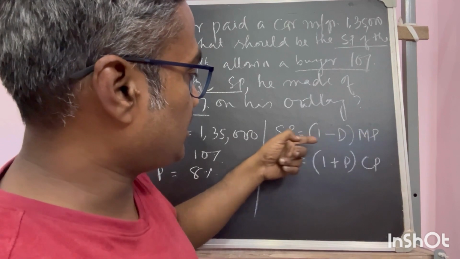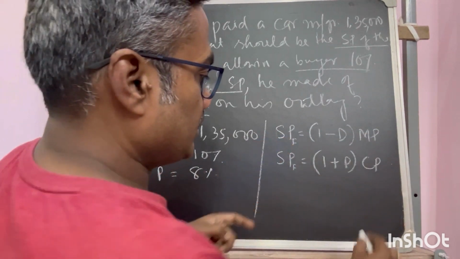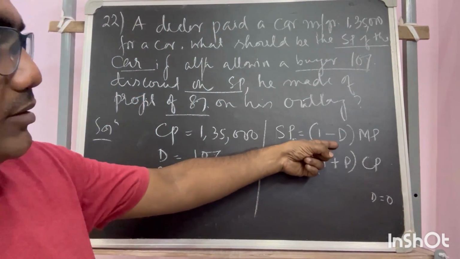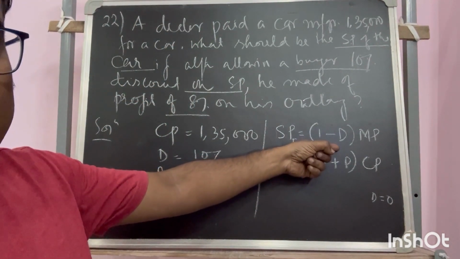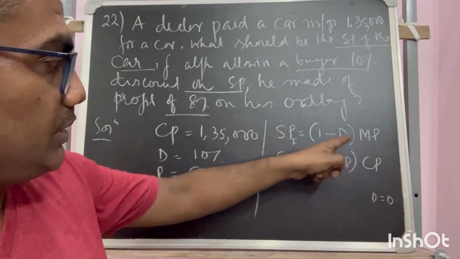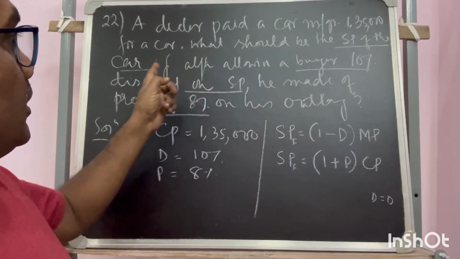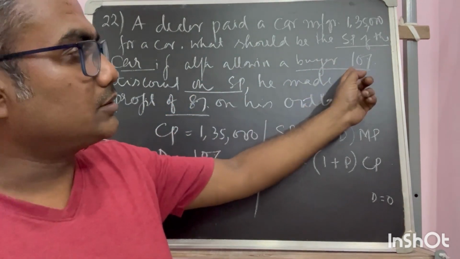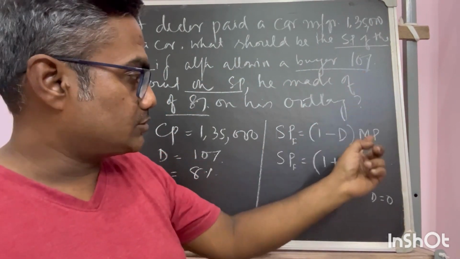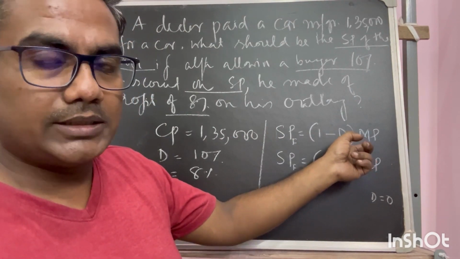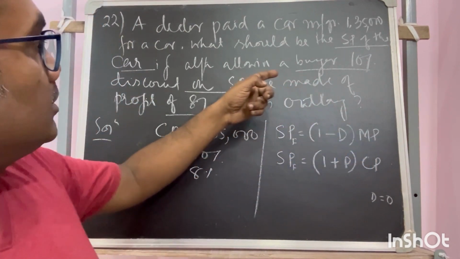Now if MP and SP are to be the same, your discount has to be 0, isn't it? This formula says clearly that if MP and SP are the same, the discount must be 0. But here the discount is given as 10%, so this cannot be the same as this, although it is called the selling price.